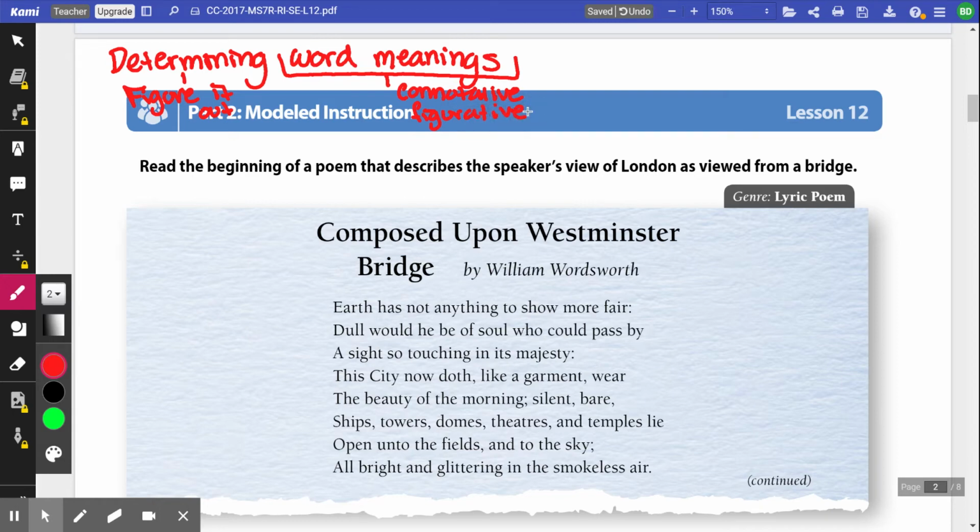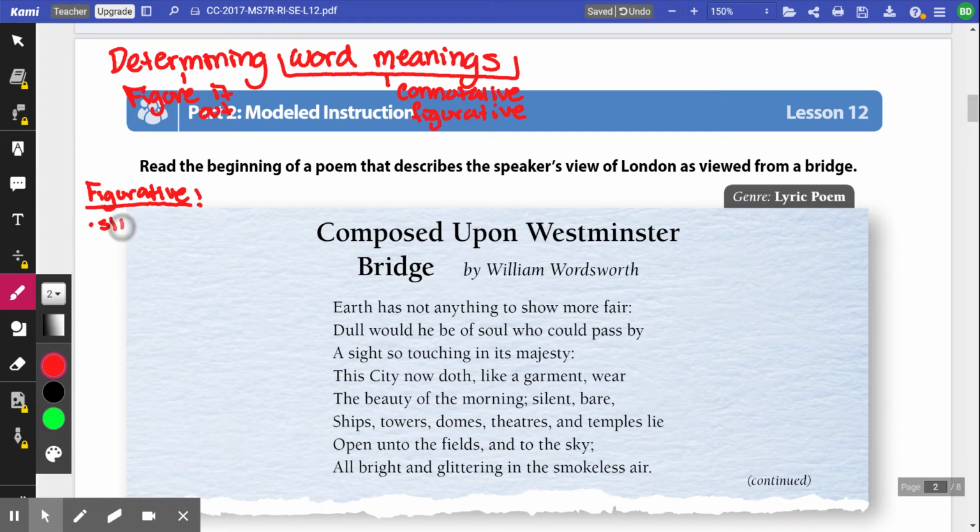And just to refresh ourselves on what connotative and figurative mean, what they are made up of, I'm going to make myself some notes down here to go along with those. So I know that figurative has to do with different types of figurative language. So, different types of figurative language that we're going to focus on.